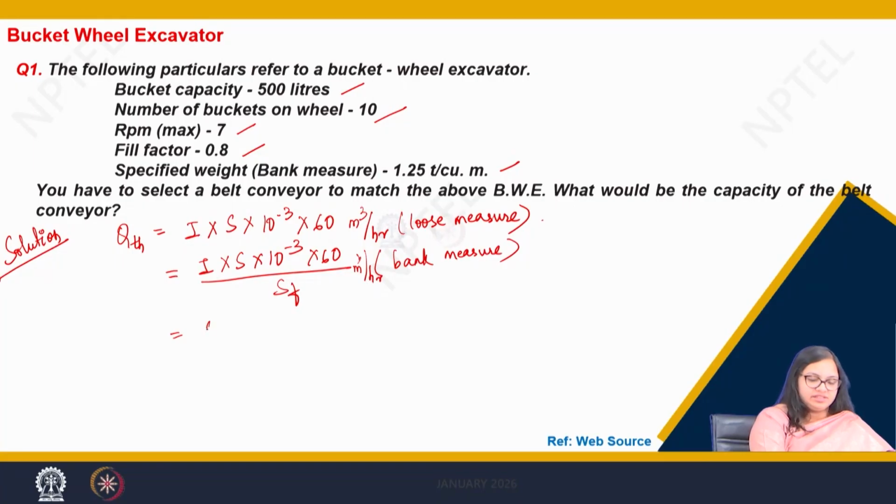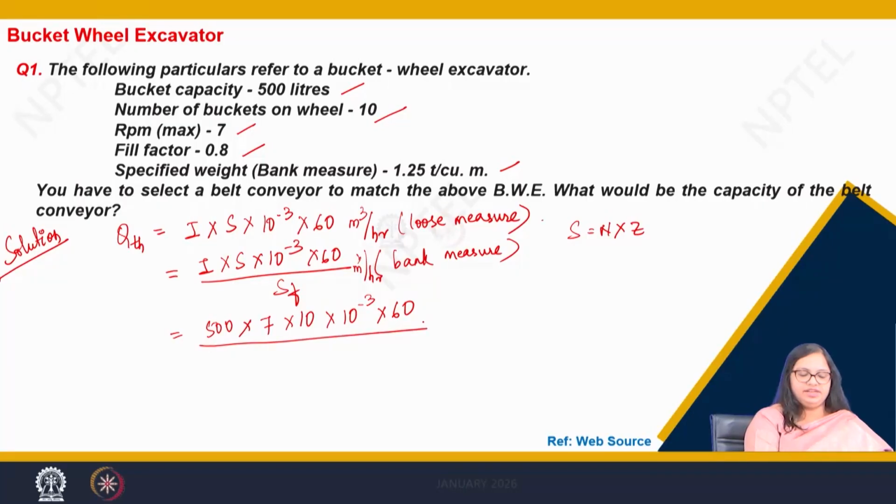My I here is 500 multiplied with S, where S is equal to N multiplied with Z. So, my N is 7, my Z is 10, multiplied with 10 to the power minus 3 multiplied with 60 divided by 1.2.